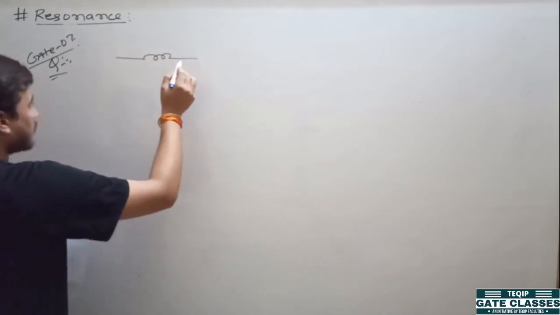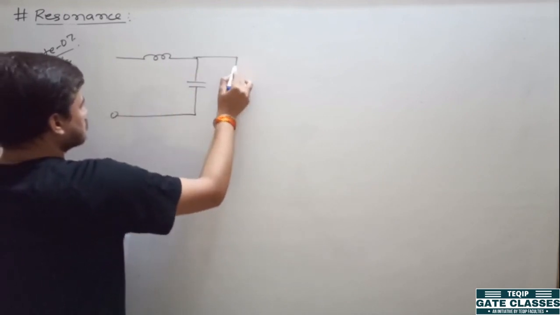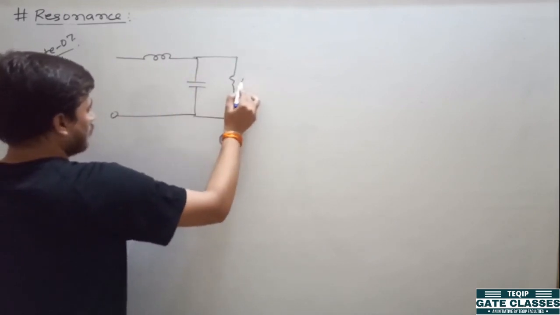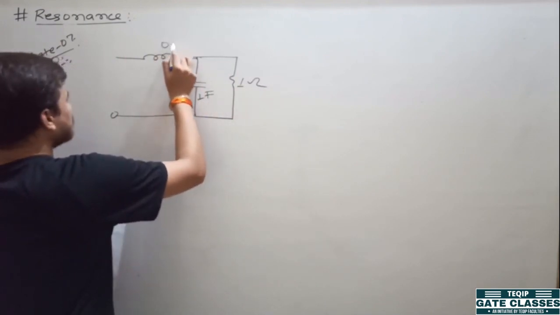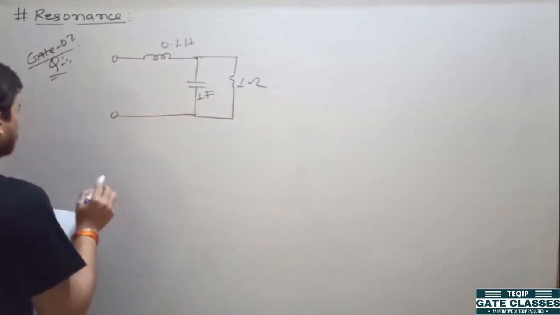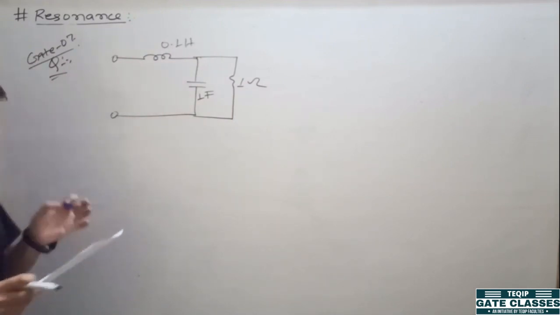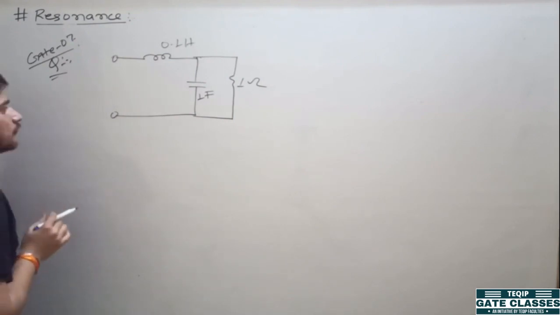The circuit is given to you. This is 1 ohm, this is 1 farad, this is 0.1 Henry. Now we have to find omega naught, that means the resonant frequency in radian per second.